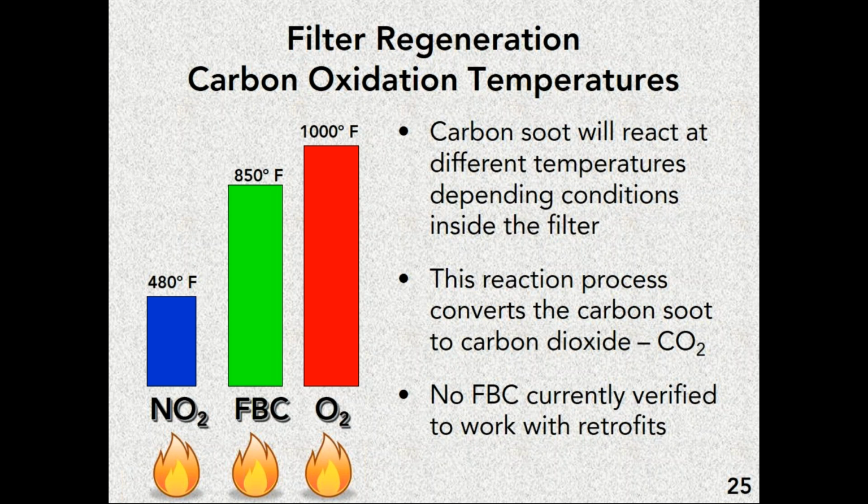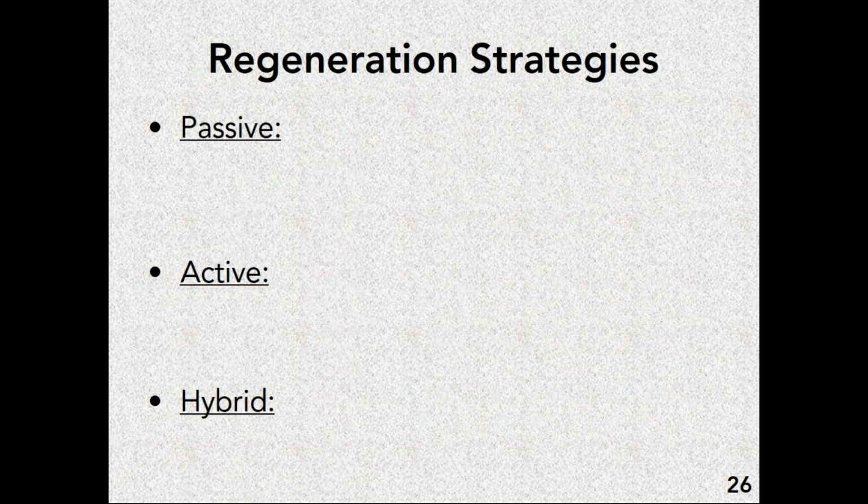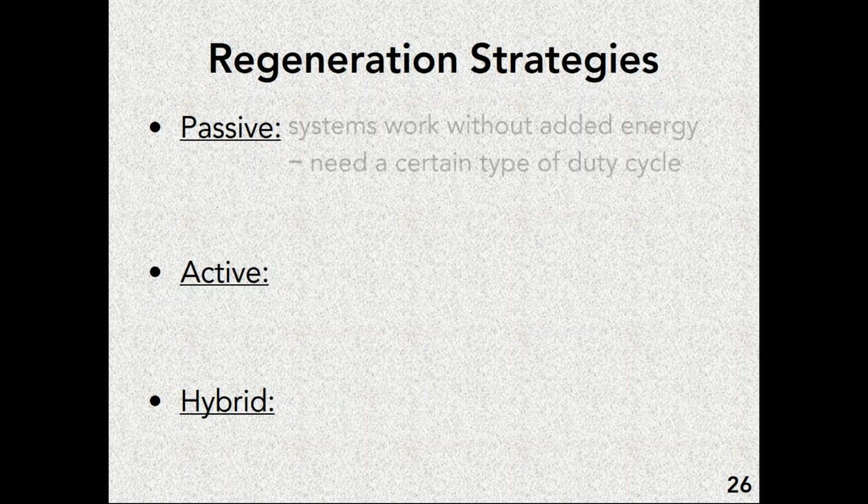So we need somehow to get nitrogen dioxide produced in the exhaust or available in the exhaust to be there for the combustion of the particulate matter. That's when we start talking about the kind of filter and the regeneration strategies. A passive system will be able to burn the soot without having any additional energy added to it.